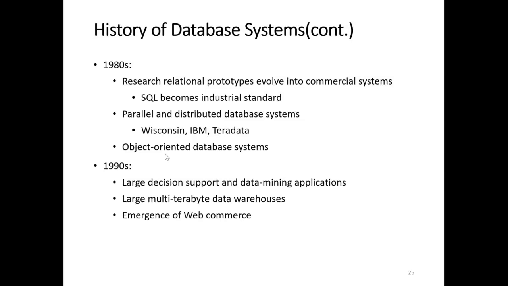There was value buried in the database systems. That's why large decision support and data mining applications took off. We have data warehouses to hold historical data, maybe of the last 10 or 20 years. Then people try to do data mining on that data warehouse data, trying to dig out useful patterns.